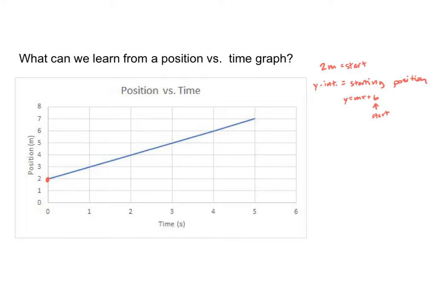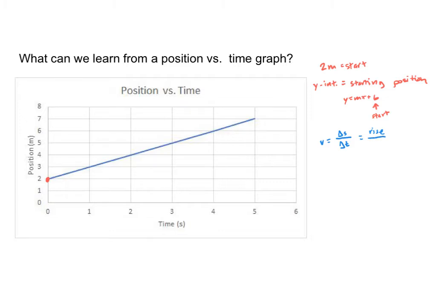Next, we can also figure out our speed from this graph. And by speed I actually mean velocity here. To do that, I want to remind you that your speed, which I'm going to call v, is equal to your change in position, so change in s, over your change in time. Our change in position is going to be the rise of our graph, so our change in the y-axis.